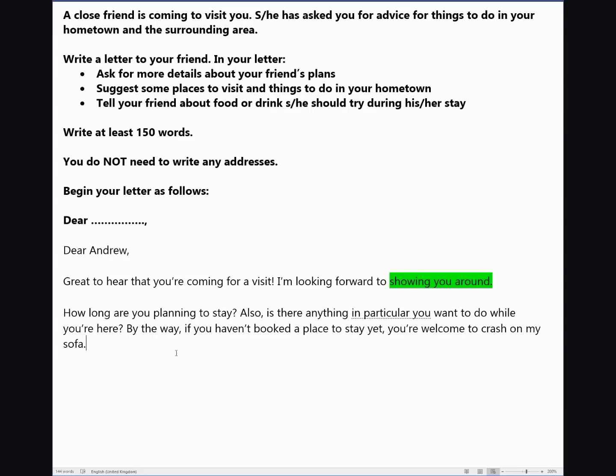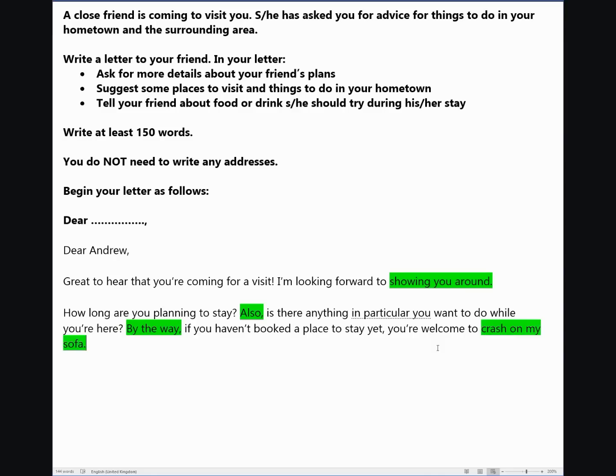So I think this looks good because you've got things like "also" or "by the way", so those are good. That's good use of linking words and connecting ideas together. Also, again, thinking about vocabulary in particular, using something like this, "crash on my sofa."